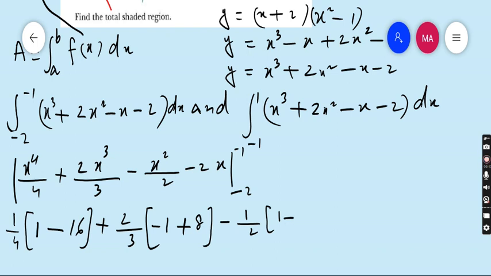Minus lower limit is minus 2; minus 2 squared is plus 4. Then minus 2x. For x, upper limit is minus 1, minus lower limit is minus 2, so it is minus minus plus 2. Now simplify it.